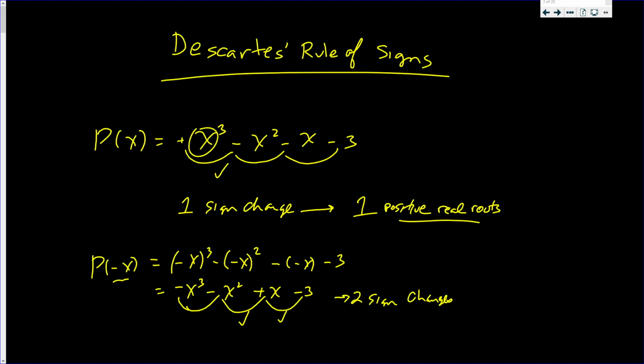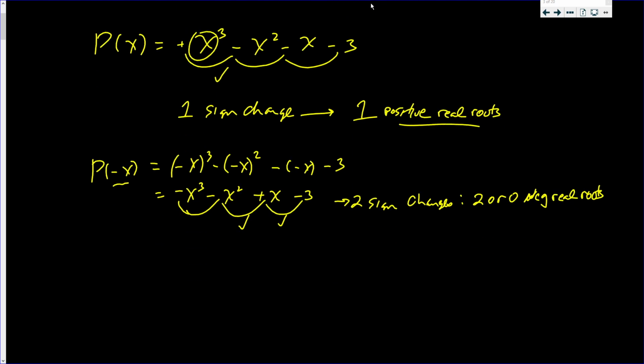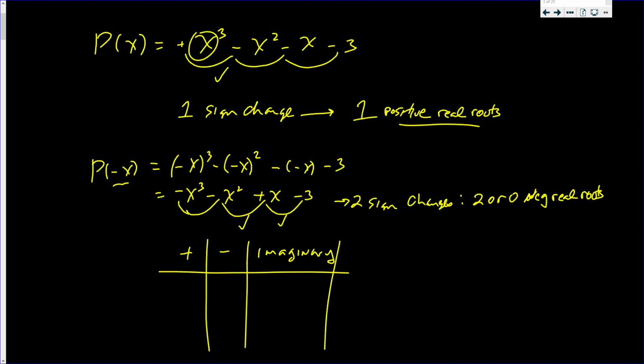Now, for negative x, we're finding the number of negative real roots. Either there are 2 or 0 negative real roots. Well, let's make up a little table here. You have positive real roots, negative real roots, and imaginary roots. Now, the degree of this polynomial is 3. There must be a total of 3 roots.